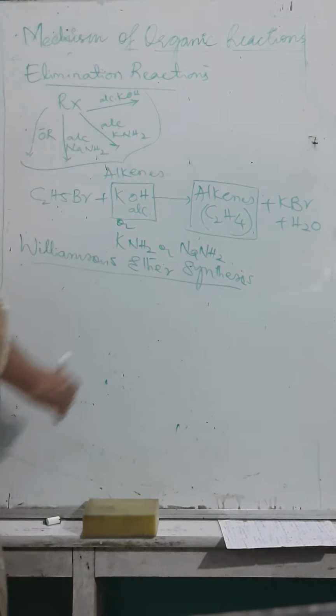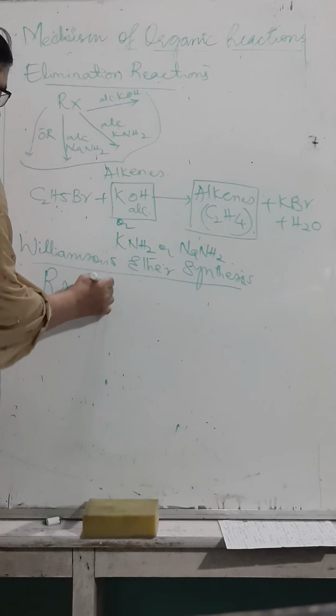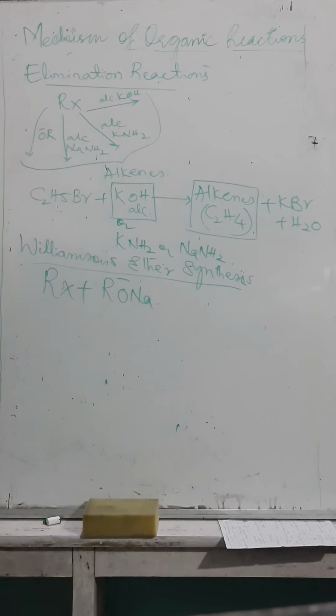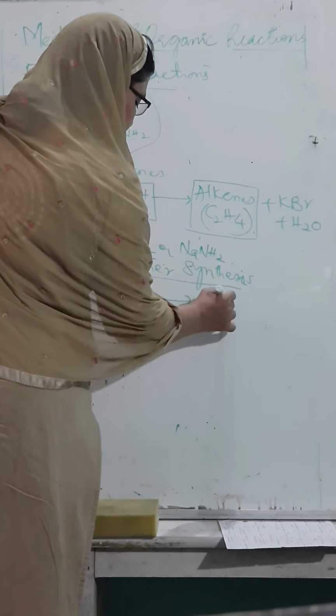In Williamson's ether synthesis, when alkyl halide is heated with sodium alkoxide, we get the product ether.